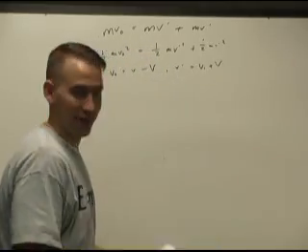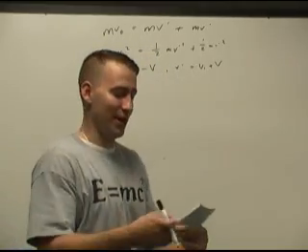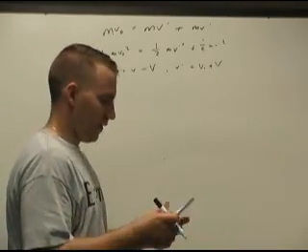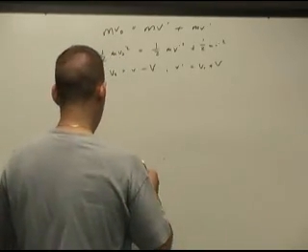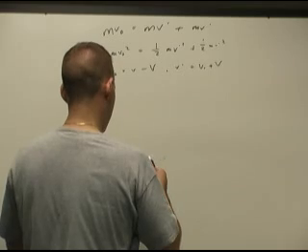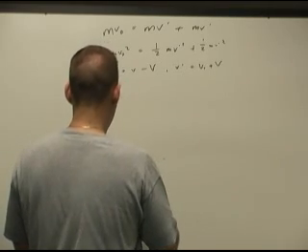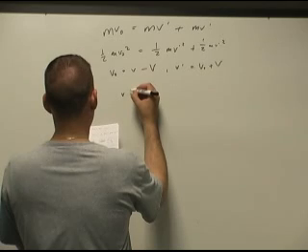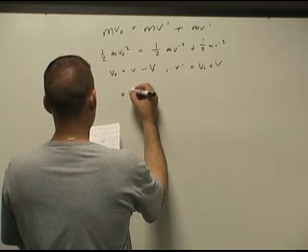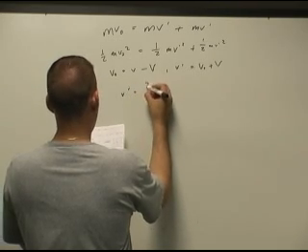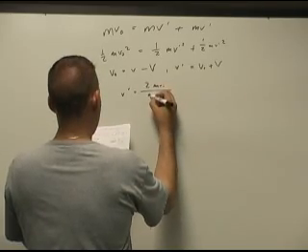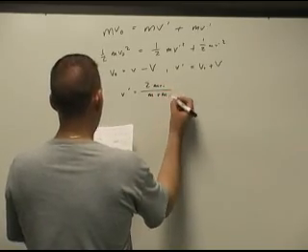These are stuff that you probably want to commit to memory anyway, but if you plug in and do the algebra, you're going to find that little v prime is equal to 2mv0 over m plus little m.